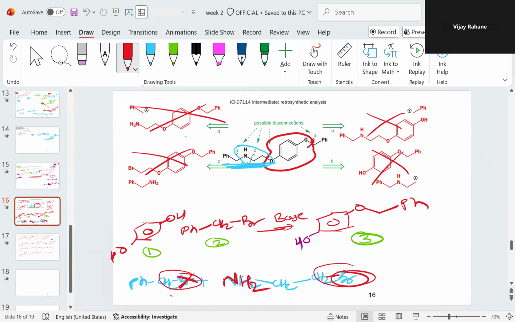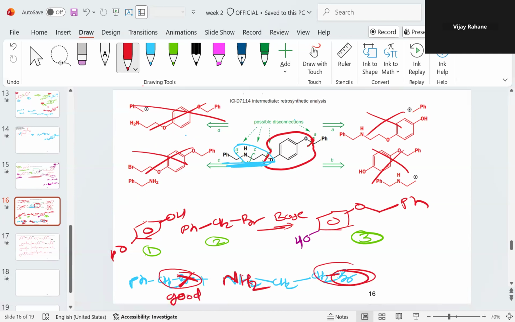So this should be a good leaving group compared to this bromo of this part, right? If you have a good leaving group, let's say tosylate, in that case this problem will not be there. Then we get PhCH2NH2, and obviously the CH2CH2Br, the remaining part, right?